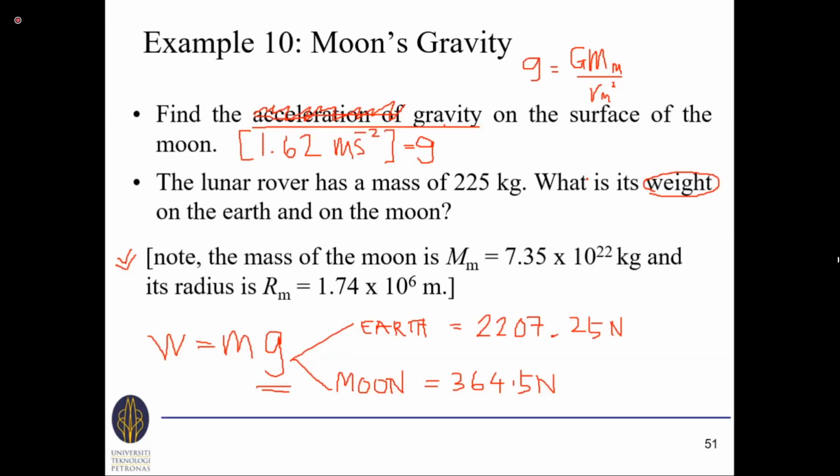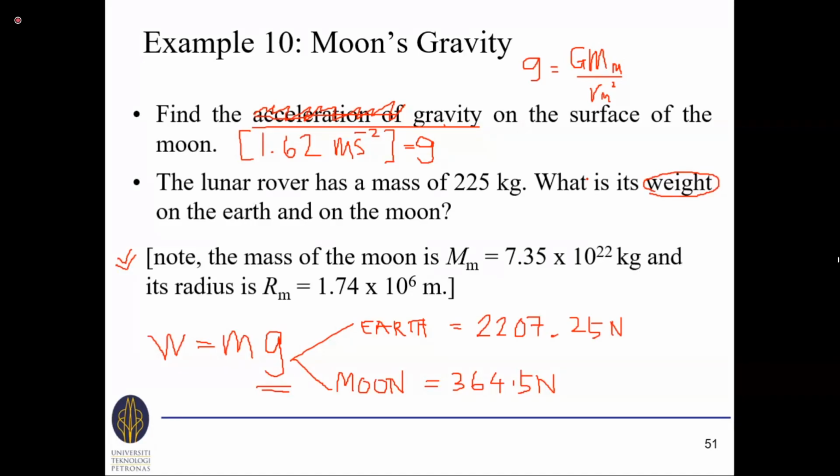The small m refers to the object, the big M refers to the planet. If you are calculating for the Earth, then the big M should be the Earth mass.